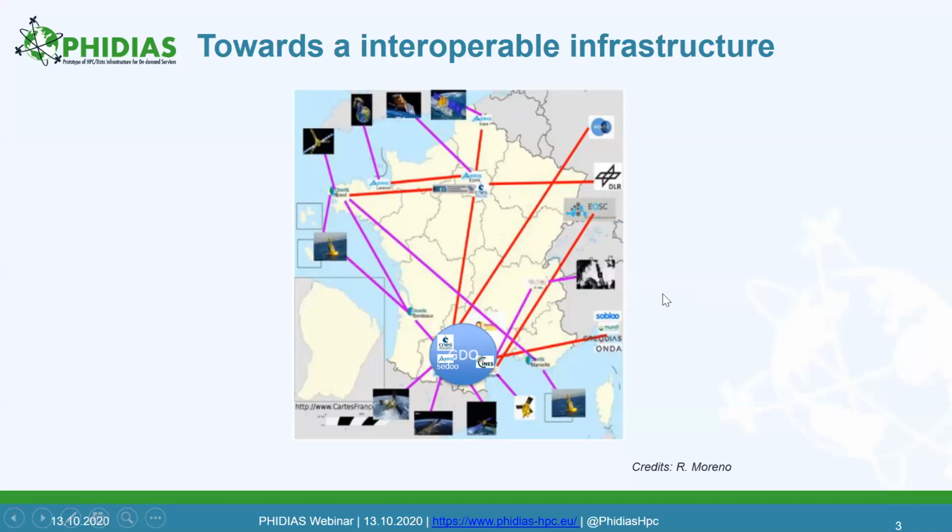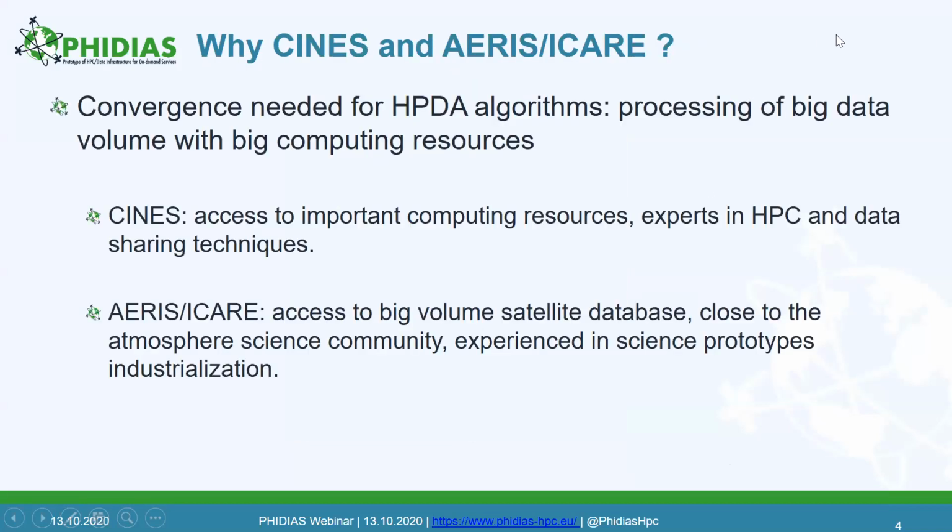So why CNES and iCar? Because we are complementary. For these algorithms that Pascal presented, we work at a bigger scale than before: days, months and years. We have to process a big volume of input data with big computing resources.